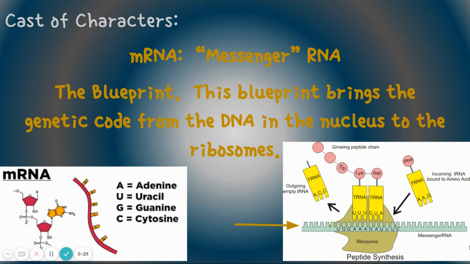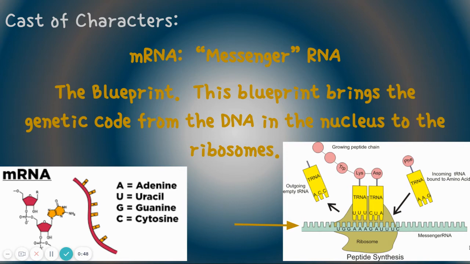The first of our cast of characters is the messenger RNA. So it's little m, big RNA. The message that the messenger RNA is bringing is a copy of the genetic code from the nucleus out to the ribosomes where the proteins will be assembled.